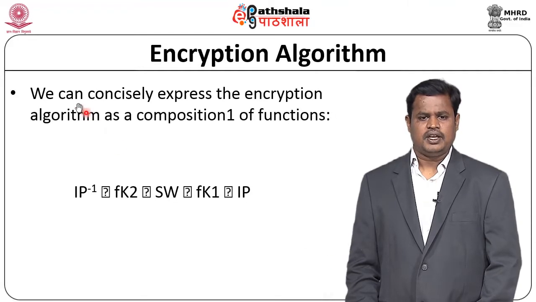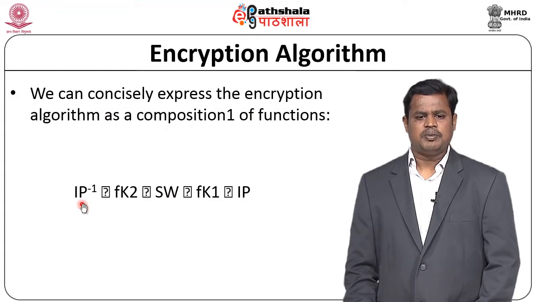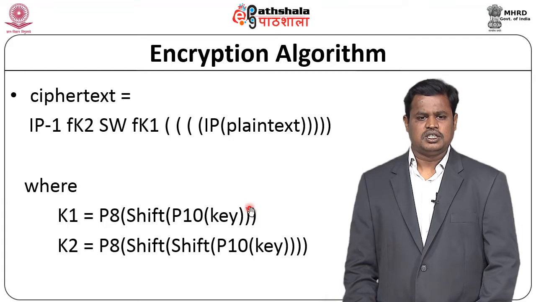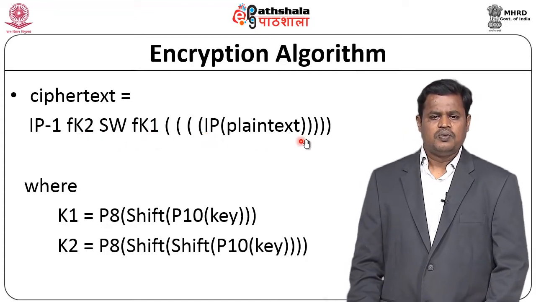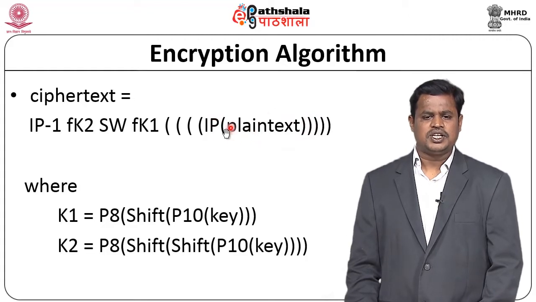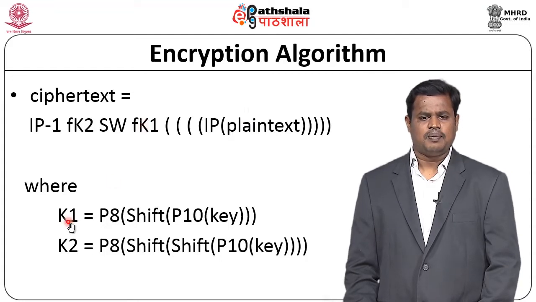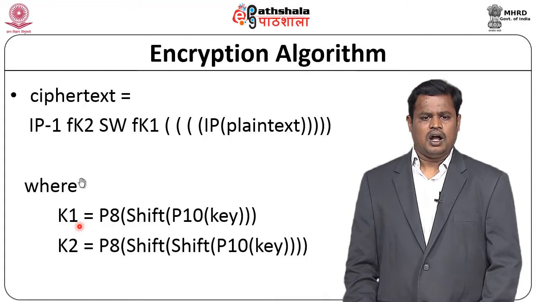Here we can concisely express this with the composite of the functions: initial permutation, function K2, swapping function, function K1, and initial permutation. For the encryption algorithm, how we generate the ciphertext: first I apply the initial permutation to the plain text, then I apply the function K1 with the help of key 1, and also swapping.